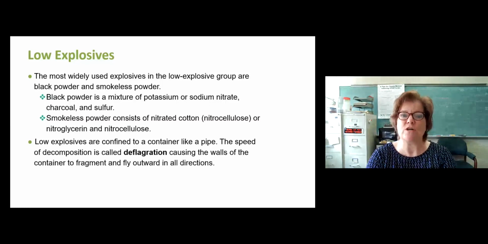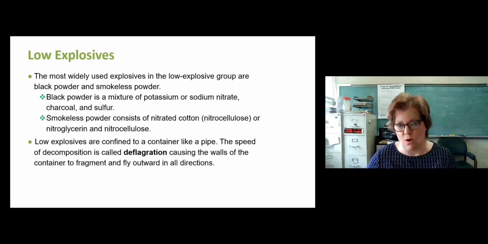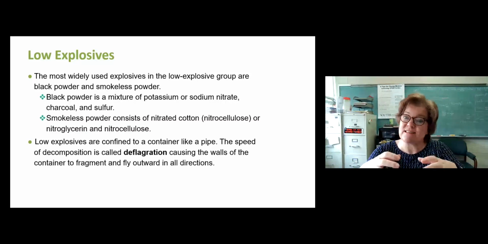The rate at which it builds up is called deflagration, and we will use a different term when we're talking about high explosives. That rate determines how strong it is and how quickly it's able to build up and then break the walls of the container and explode out. These are the ones that tend to have shrapnel associated with them because they're enclosed in a container.